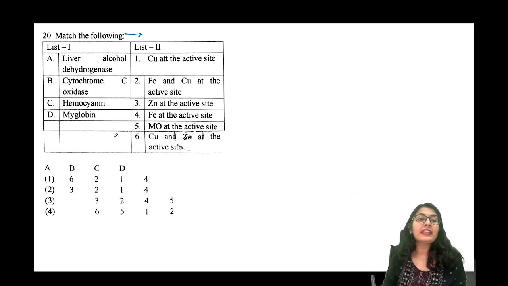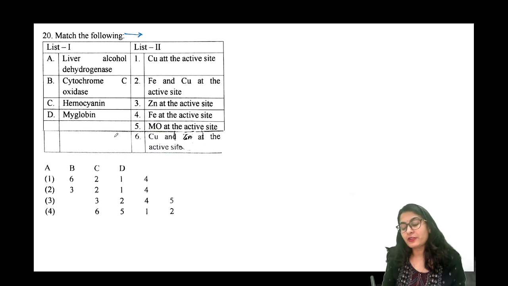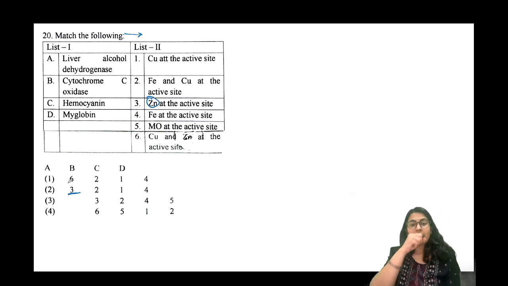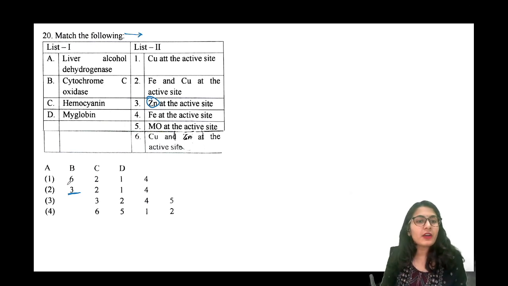Liver alcohol dehydrogenase. So, what is liver alcohol dehydrogenase? It is going to convert the alcohol to ketone or aldehyde and then eliminate it from the system. तो इसके पास क्या होता है? इसके पास जिंक होता है at the active site. Yes, zinc at the active site. Now moving onwards, cytochrome C oxidase. तो cytochrome C oxidase के पास कौन होता है?